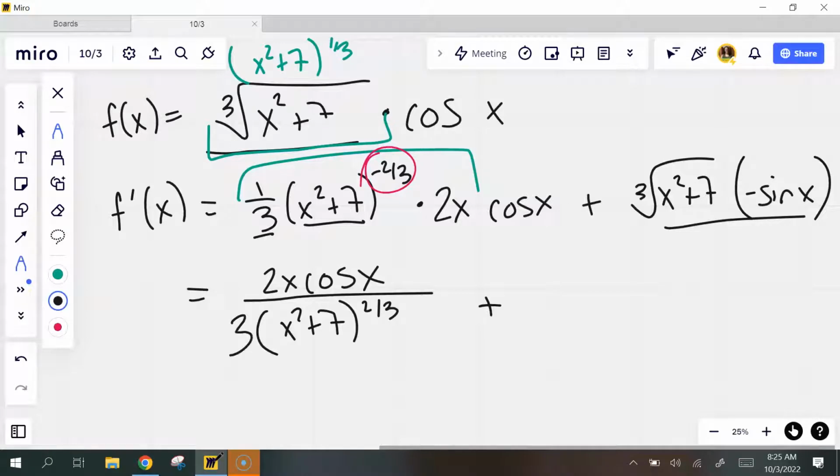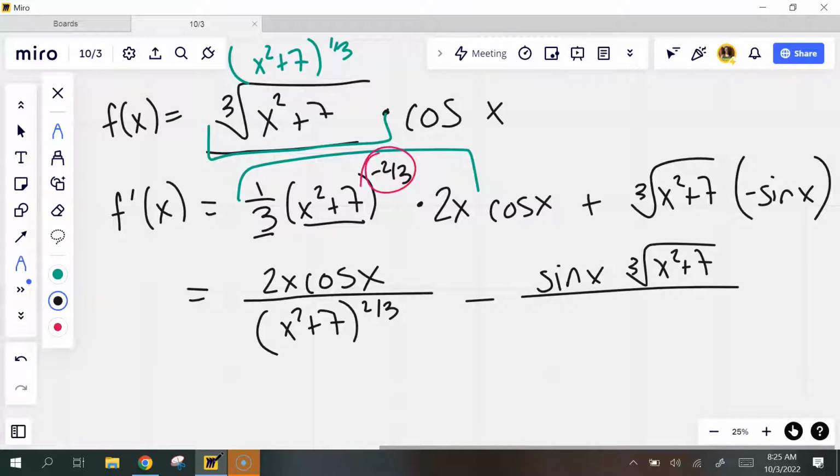Oh, I forgot it. Okay, sorry. Right, in the bottom. X squared plus, actually, I am going to do minus sine x times cube root of x squared plus 7 over 1.